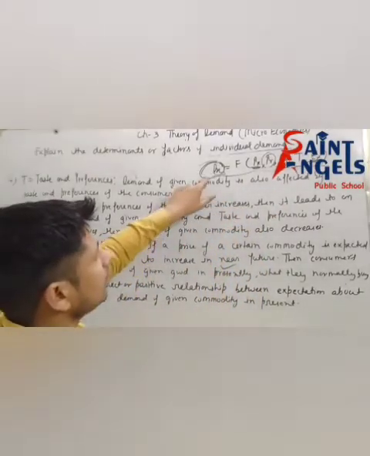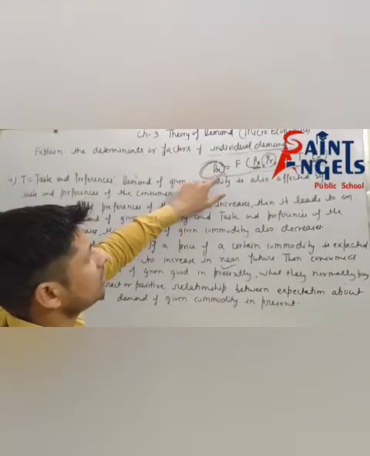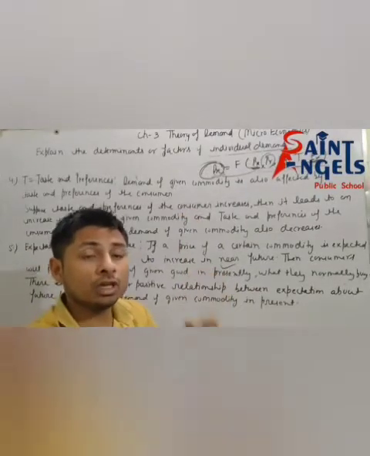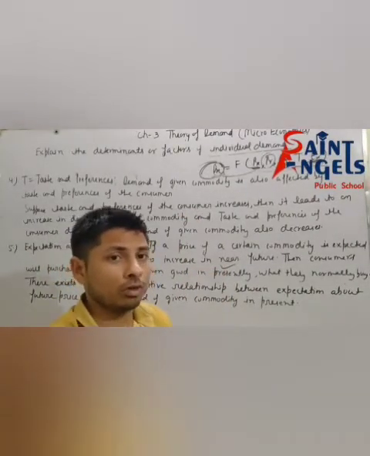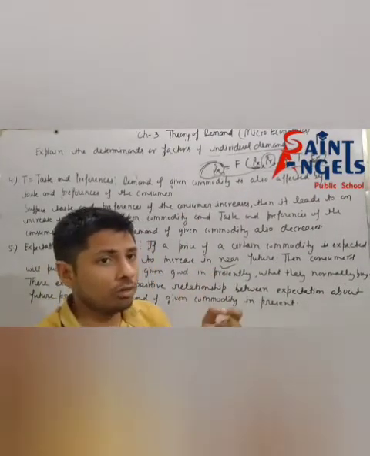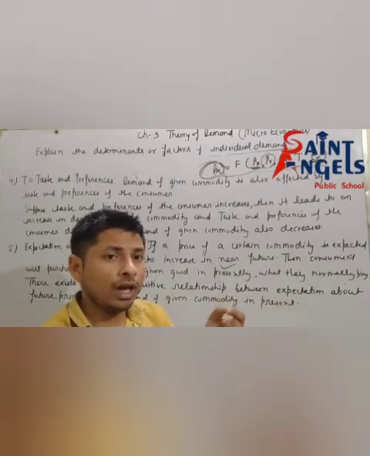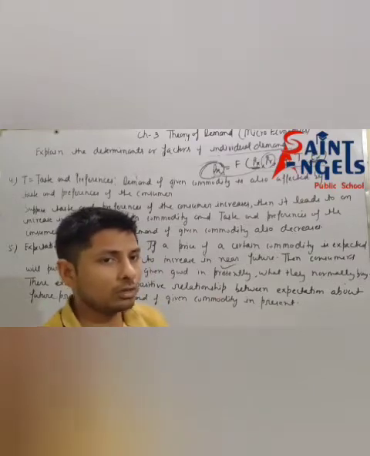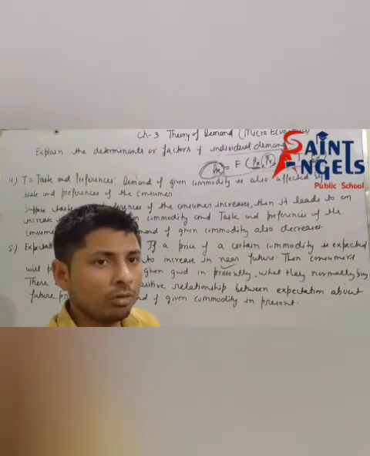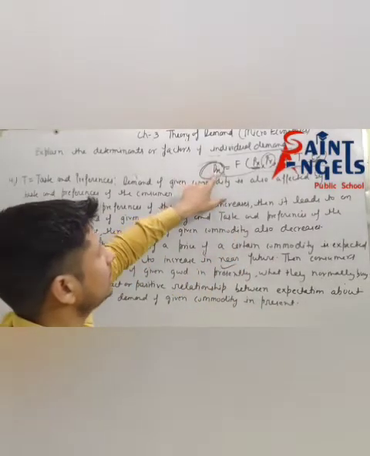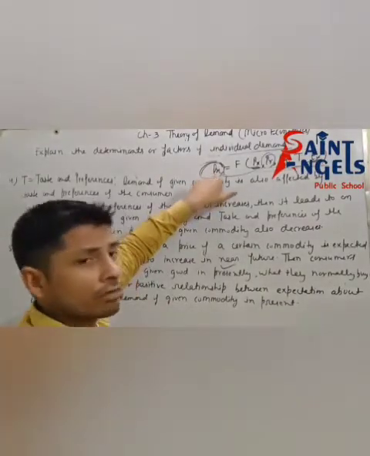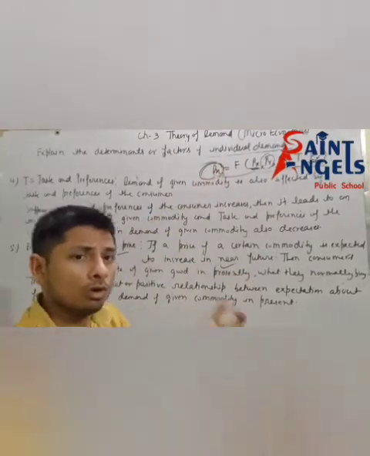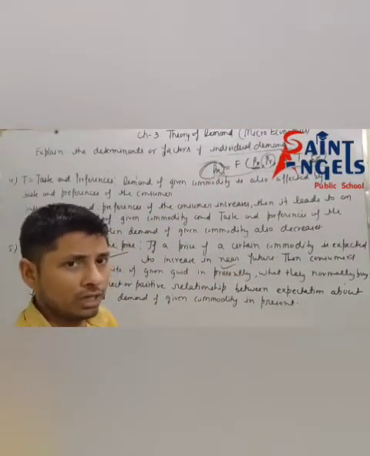Means this is demand of x commodity, so we are talking about demand of x commodity. So x commodity will be considered as a given commodity. Demand of x commodity is also known as demand of given commodity.